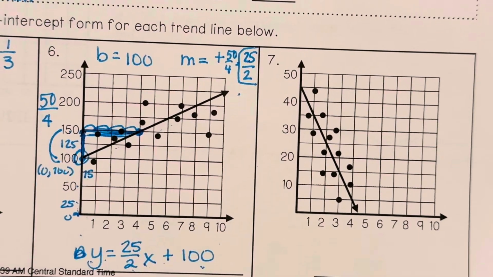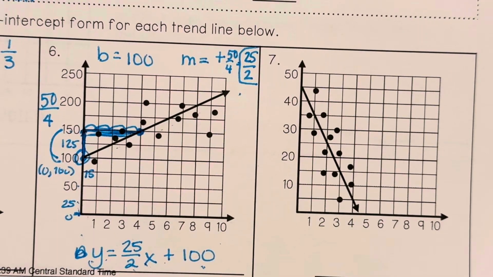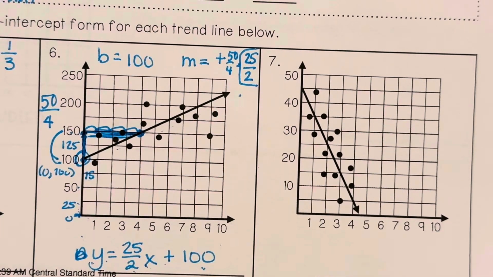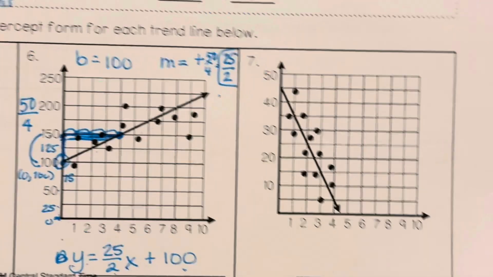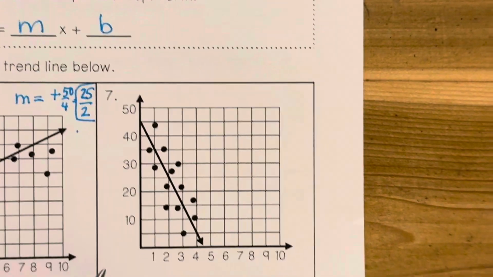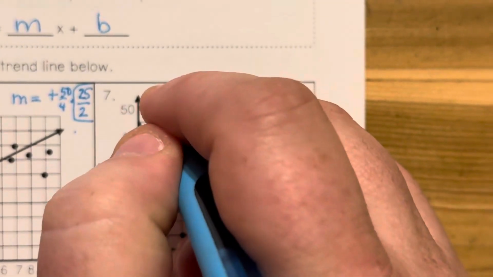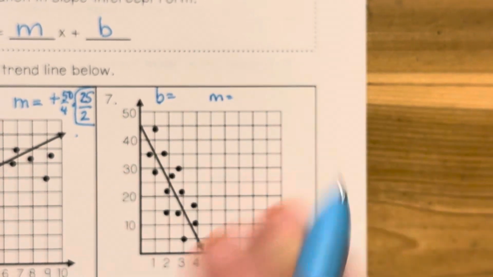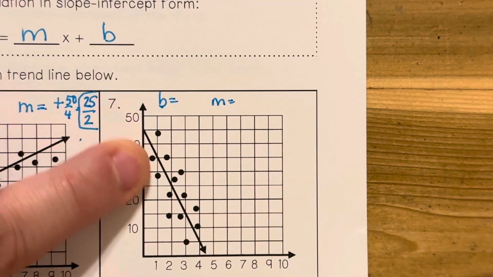We're just writing the equations of those lines, just like we normally would, like we have in the past, okay? There's nothing different about them. All right, let's look at number 7. On number 7, I want to know my b, and I want to know my m. What do I notice about my slope?